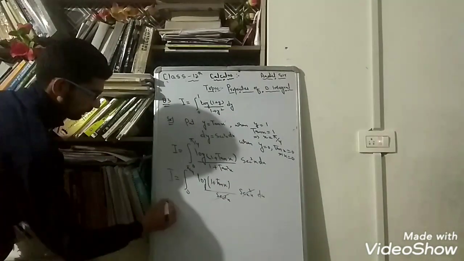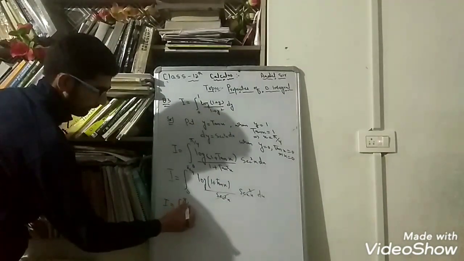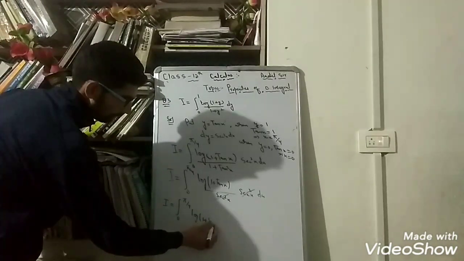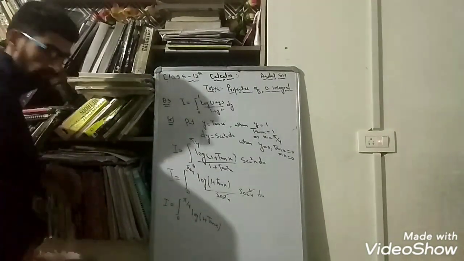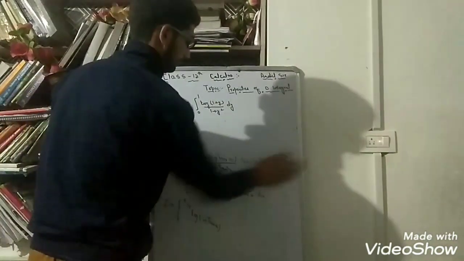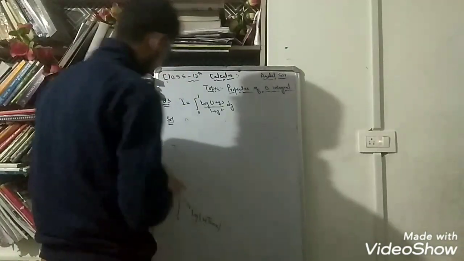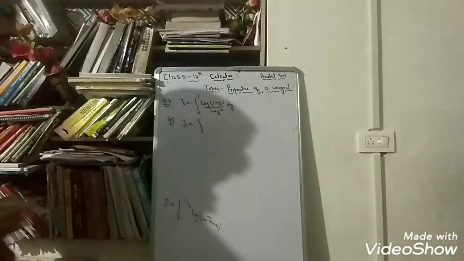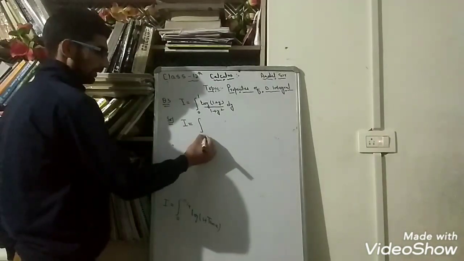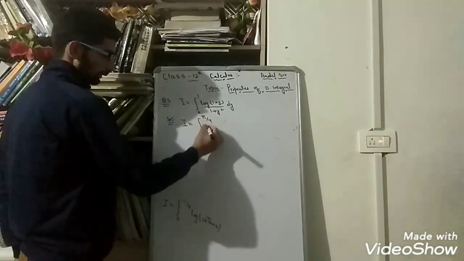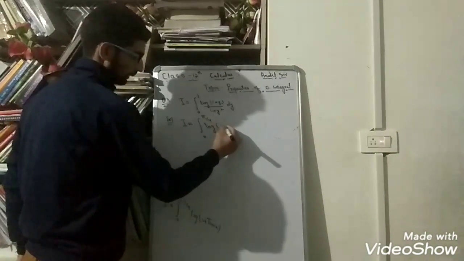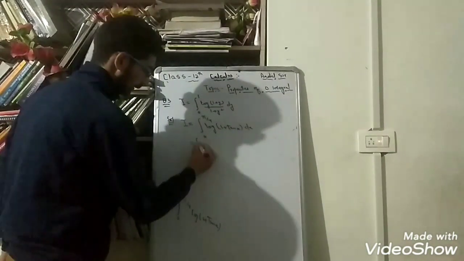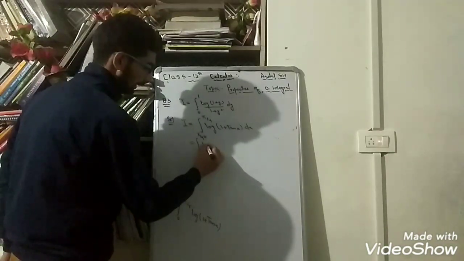I am getting I equals the integral from 0 to pi divided by 4 of log of 1 plus tan x dx.